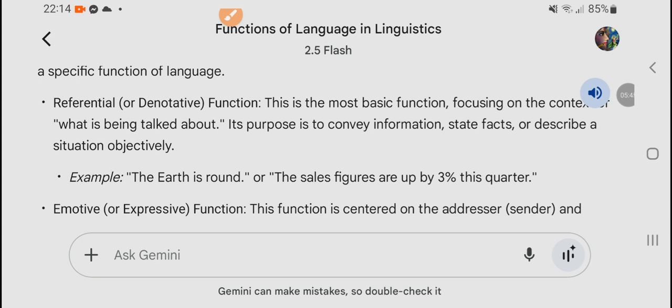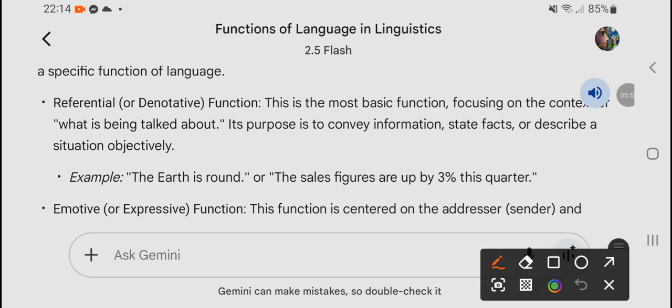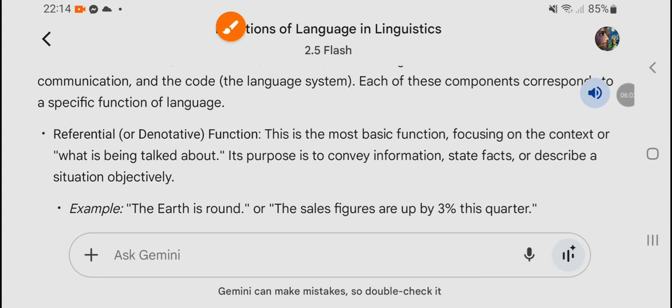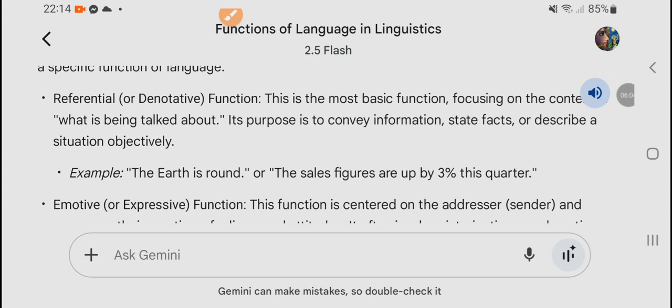So if the context is different, the interpretation will be different. That is denotative, it's not connotative. What does it denote? The basic function is focusing on the context, or what is being talked about.